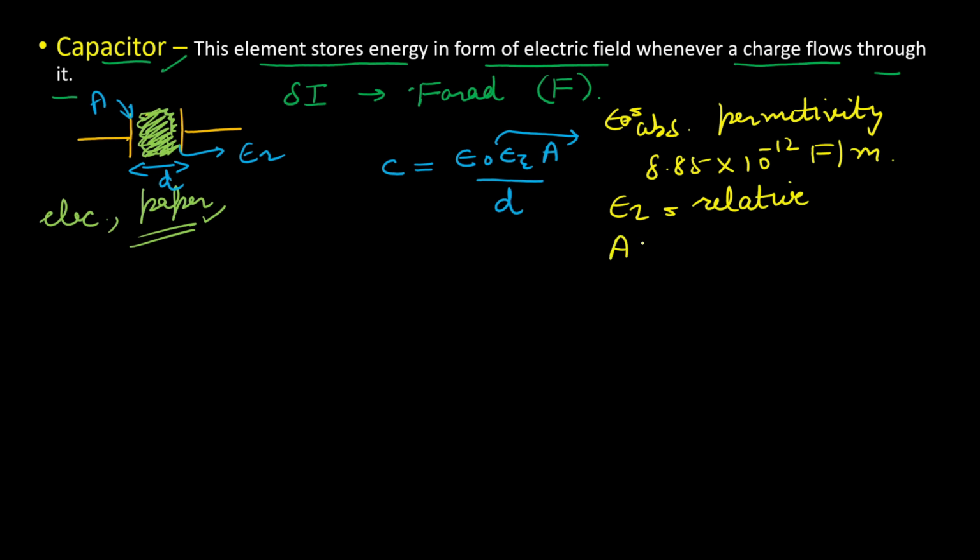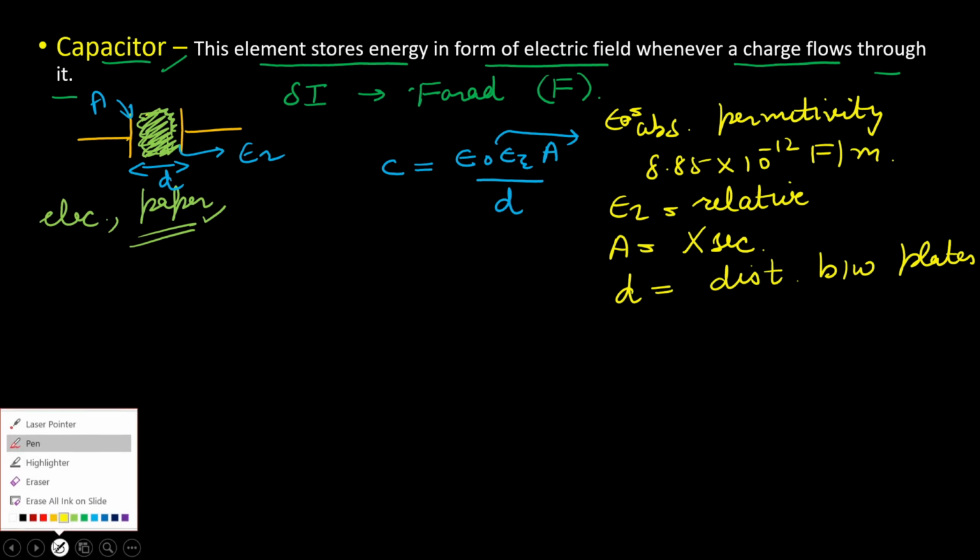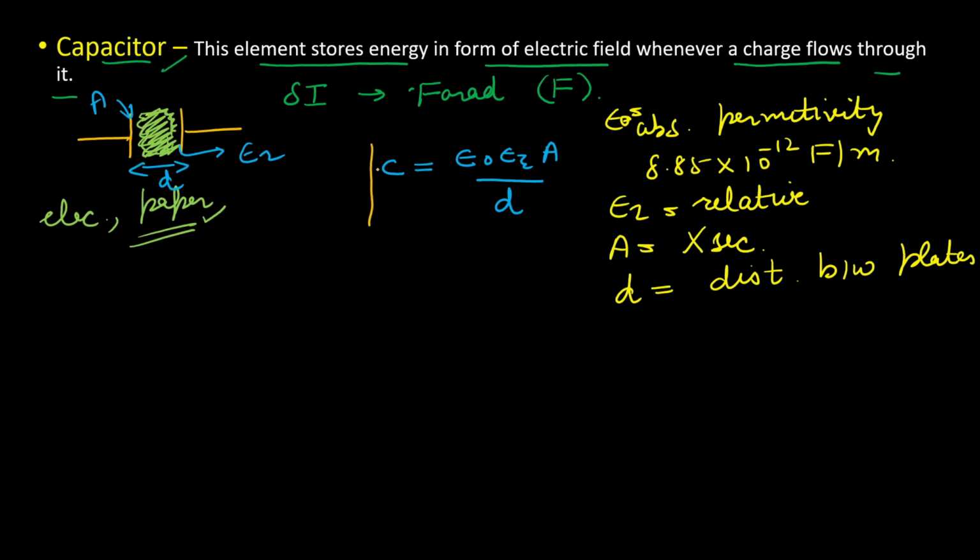A is the cross-sectional area of the conducting plates, and D is the distance between the plates of the capacitor. This is also one of the most important expressions, and you also need to remember it.